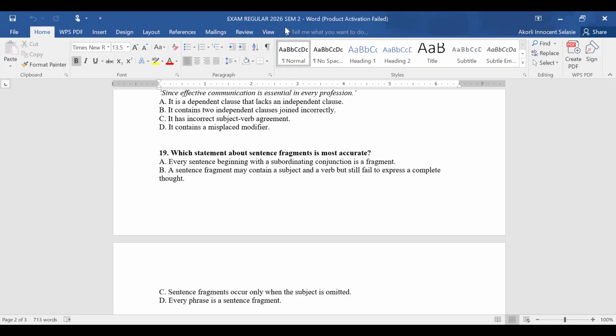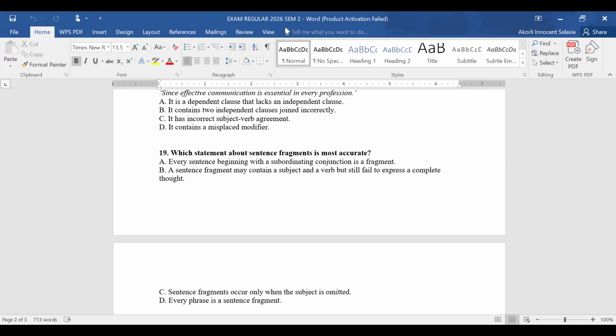B. A sentence fragment may contain a subject and a verb, but still fail to express a complete thought. C. Sentence fragments occur only when the subject is omitted. D. Every phrase is a sentence fragment.